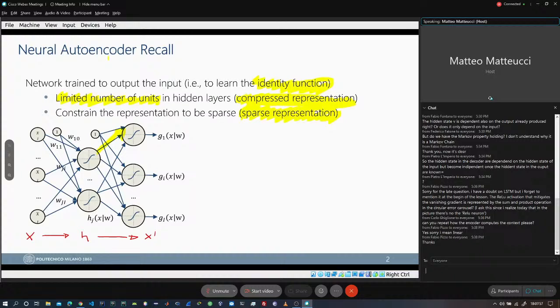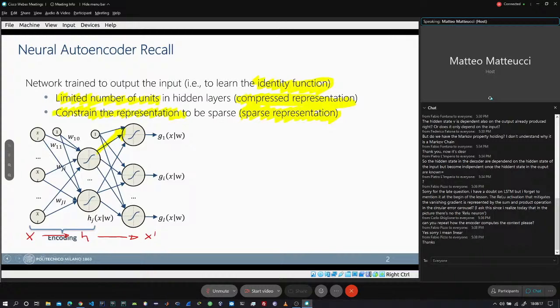So this is a second constraint which allows you to go beyond the basic identity function. This is a compressed, sparse representation of your input. Okay.